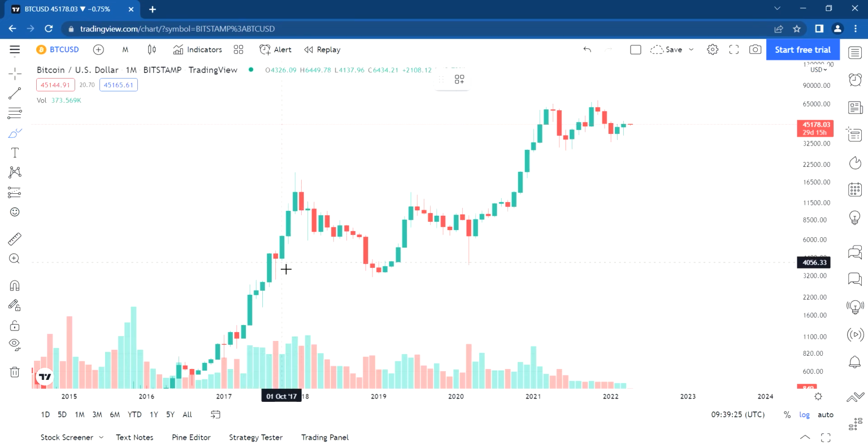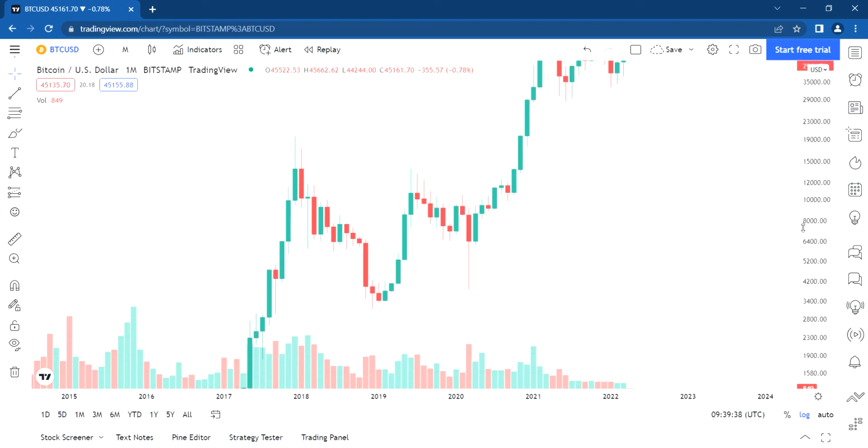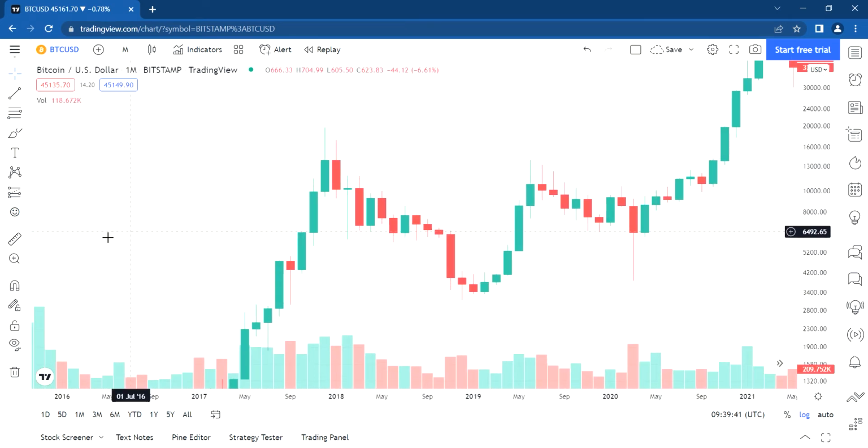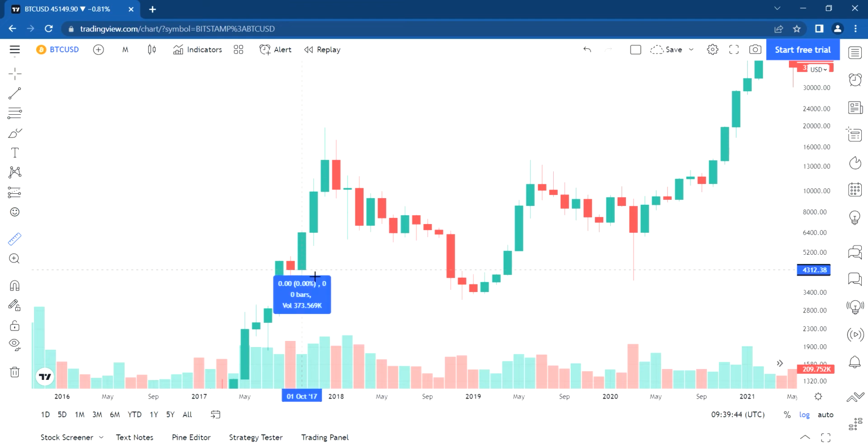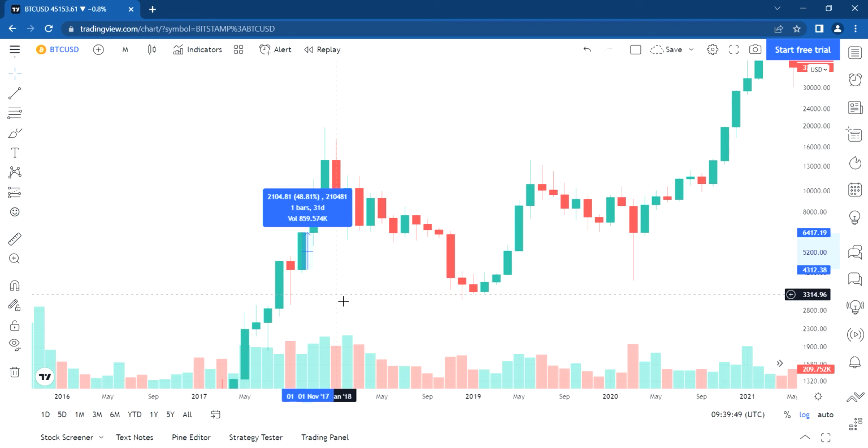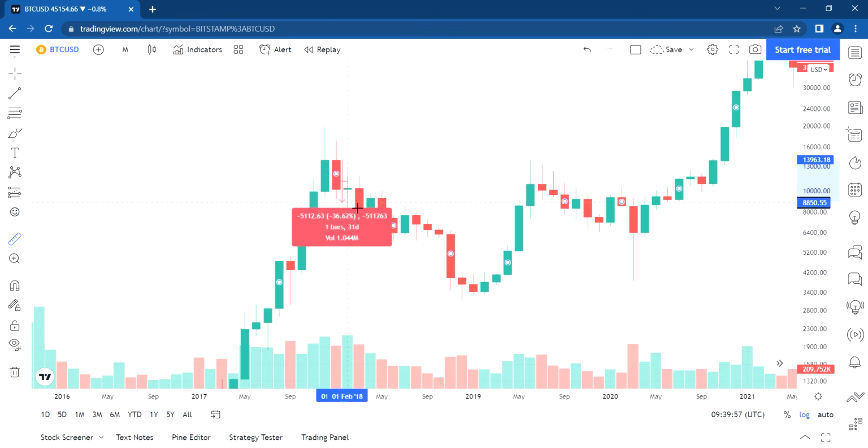And the green represents when price starts here at the bottom of the green candle and ends at the top of the green candle, indicating that price moved, zoom in, from this low here to up here, and this is where the monthly price action ended. Similarly, with the red candle, it starts at the top. This is where price started and it ended here at the bottom of the candle with a minus 27% move.